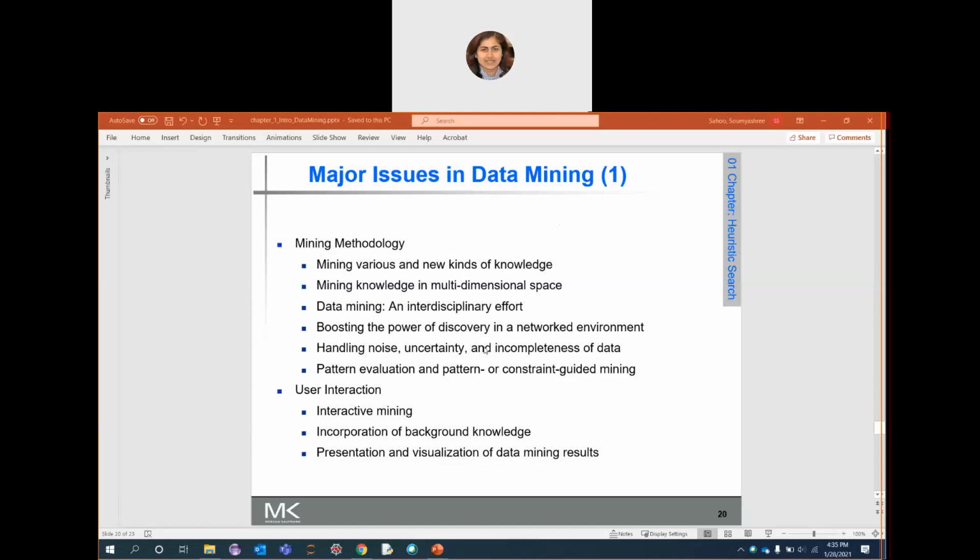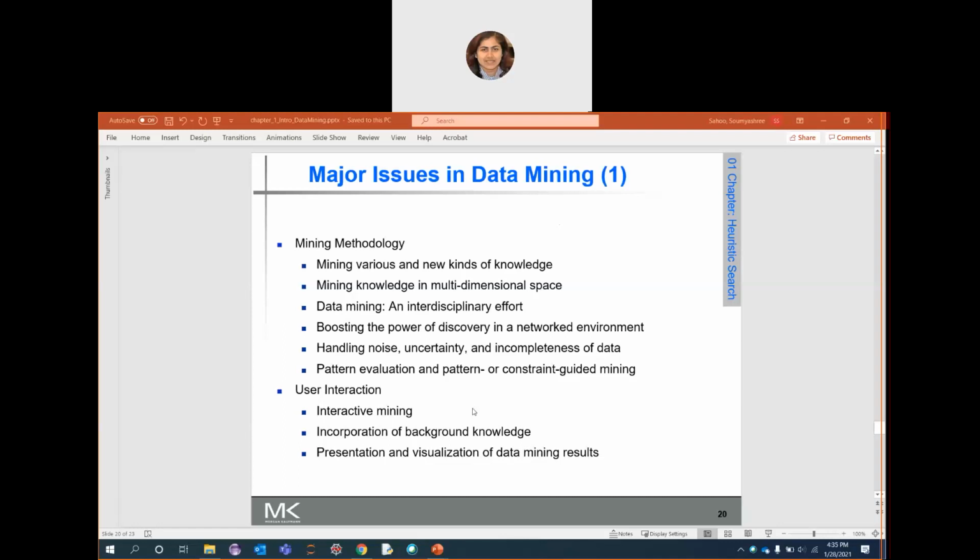I mean, it's really difficult to keep track of that data and to manage it. And again, data mining does have various social impacts. There are privacy issues as well.